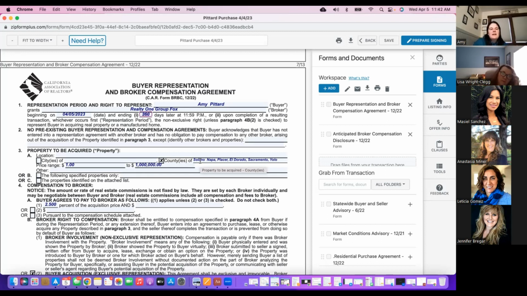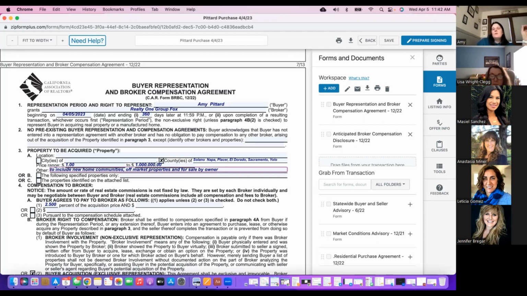As well as maybe you put to include new home communities, off-market properties, and for sale by owner, right? Why don't we put that on our contract so that they know that, hey, we can represent you in any of these.